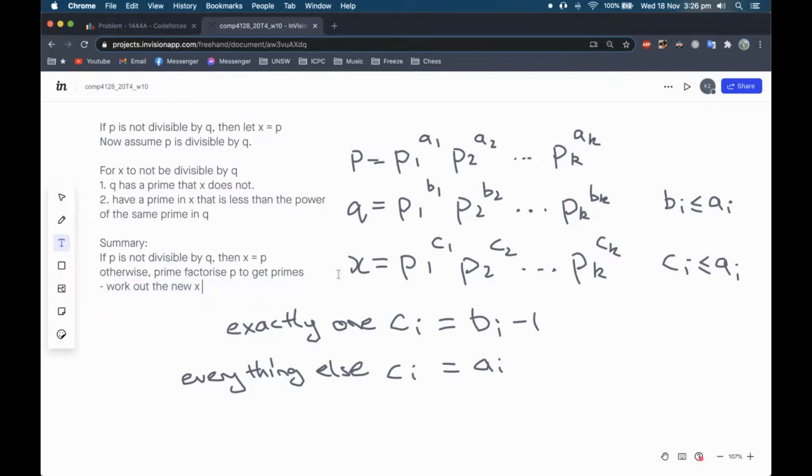That shouldn't be there yet. For each prime in P, work out the new x if we were to set this power ci to bi minus 1, everything else to ai. Finally, find the maximum x out of all of these.